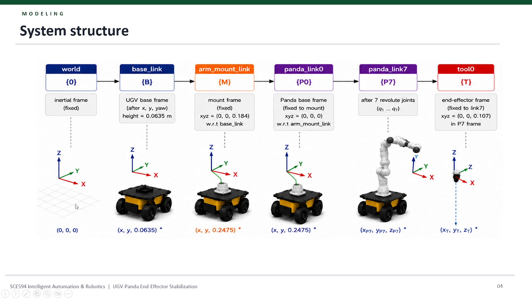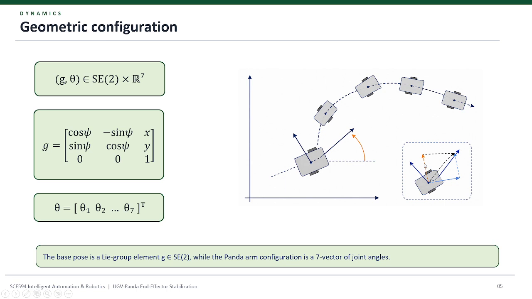We analyzed the frames to understand the kinematics of the system, starting from the car to the end effector. We also saw that the car is in SE(2); this is its manifold. So the X, Y, and psi of the car are embedded in this transformation G, and theta is the vector for the arm in R7.